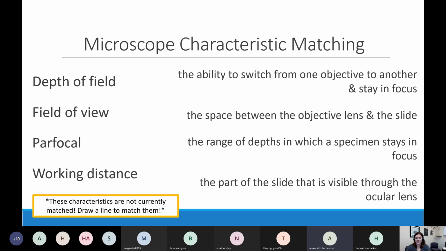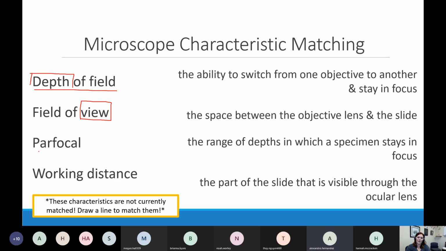So these are the terms that we just talked about a little bit before. Remember that the depth of field, this word depth, tells me how much of the 3D space can be in focus at once. The field of view is how much you can see of the slide looking from the top.